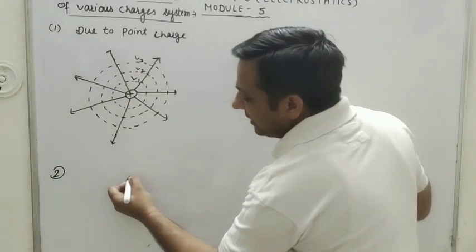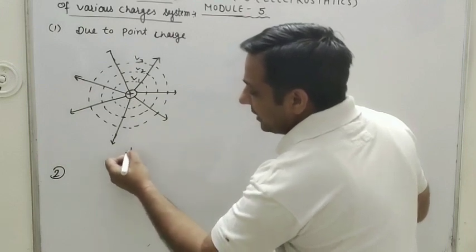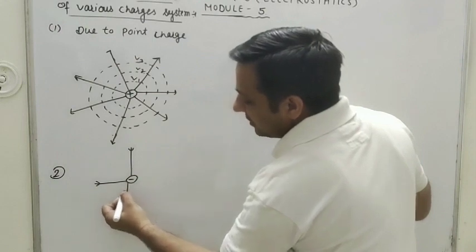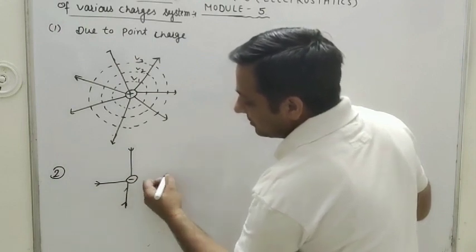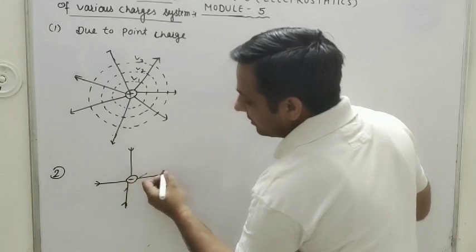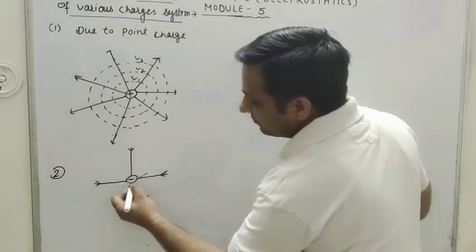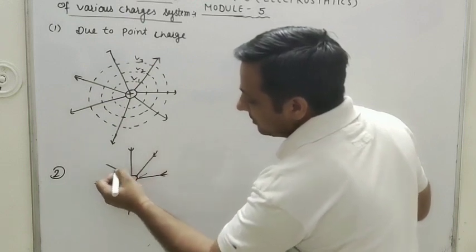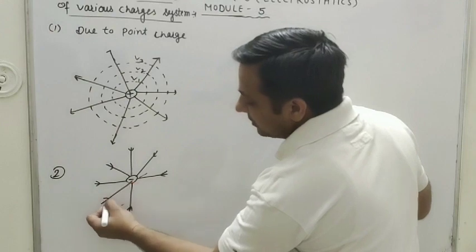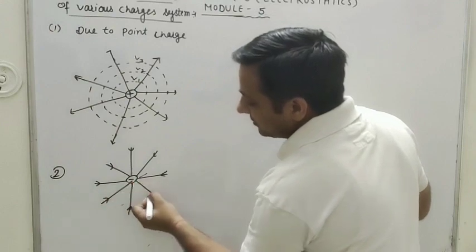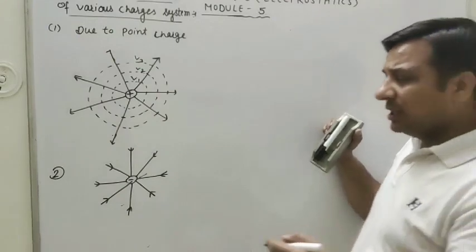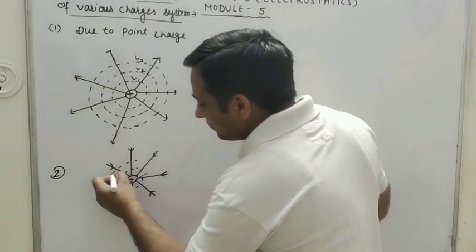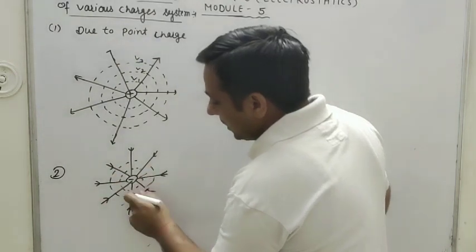If this is a negative point charge, the electric field comes towards it.